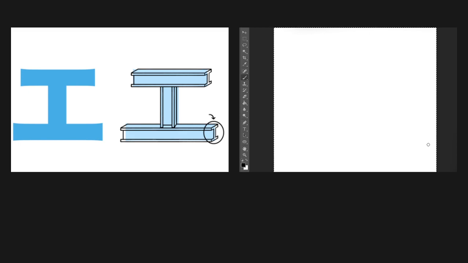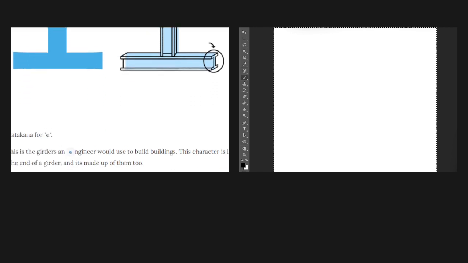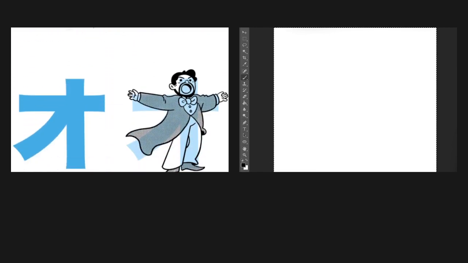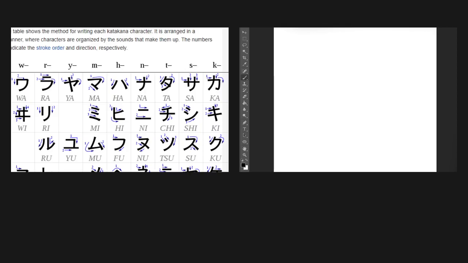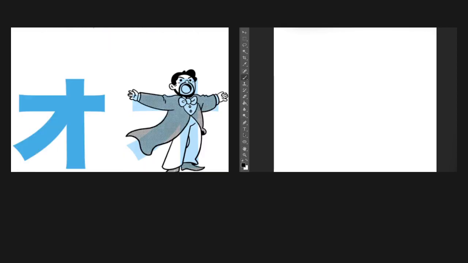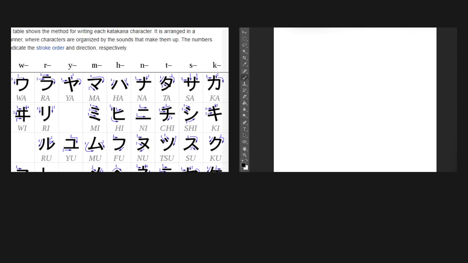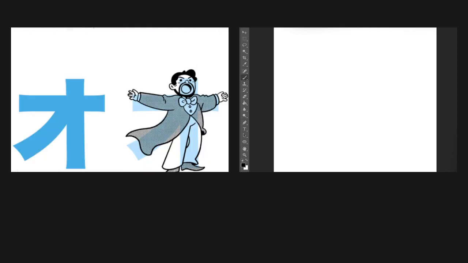Great. Okay, so this one is an O. To me, it looks like an O. I have to get the stroke order correct, because I actually don't know the stroke order that well. Okay, so it's horizontal, vertical, and then the backwards diagonal stroke.